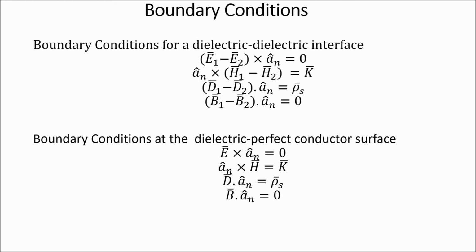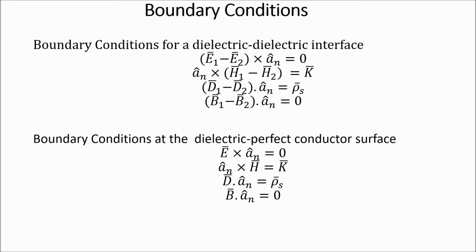So the tangential component of the electric field is continuous, and the normal component of magnetic flux density is continuous. In both media, the tangential component of electric field and the normal component of magnetic flux will be the same.